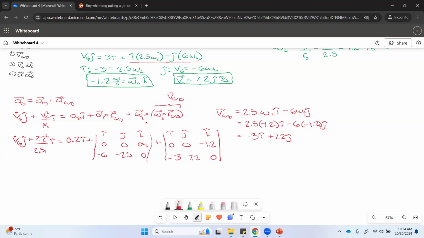So now that we have as many numbers as possible, let's work this out.